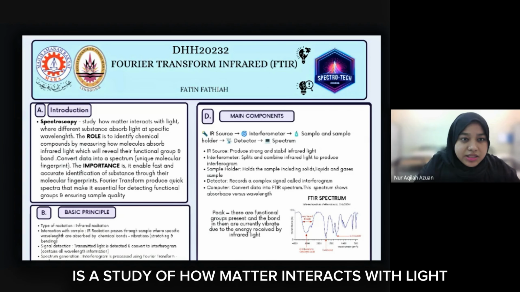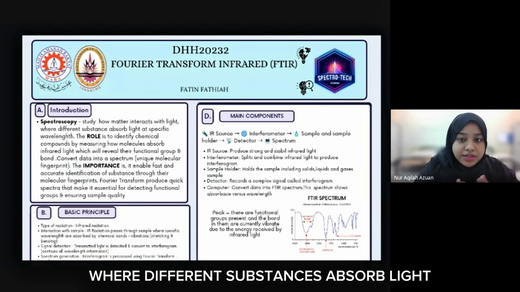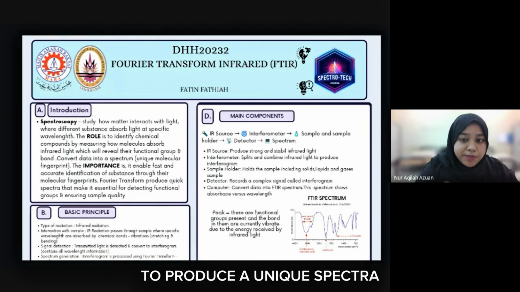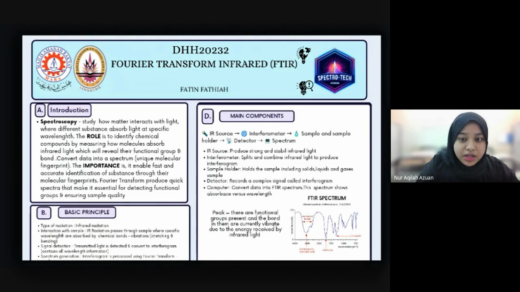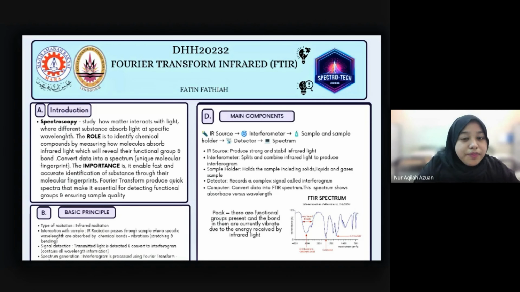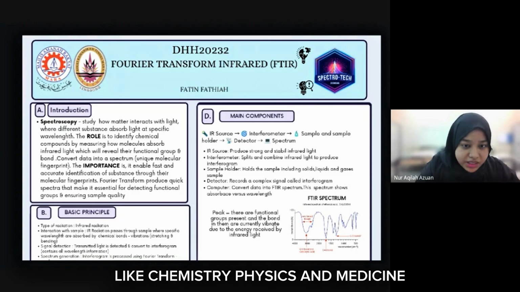Spectroscopy is a study of how matter interacts with light or electromagnetic radiation, where different substances absorb or emit light at specific wavelengths to produce a unique spectra. Spectroscopy is an essential tool in today's studies to identify and analyze substances in fields like chemistry, physics, and medicine.